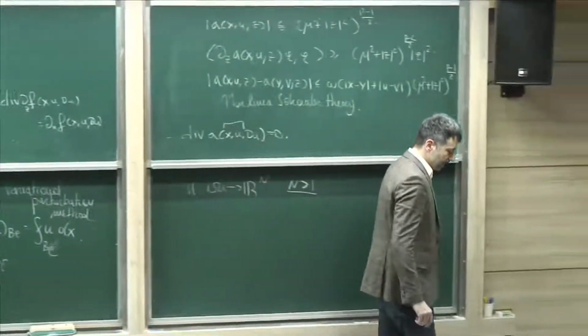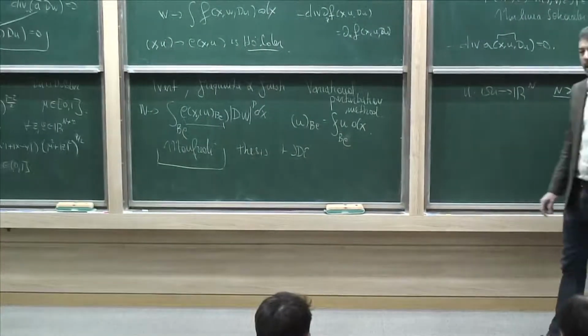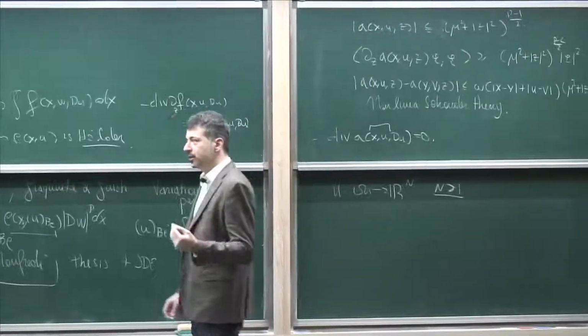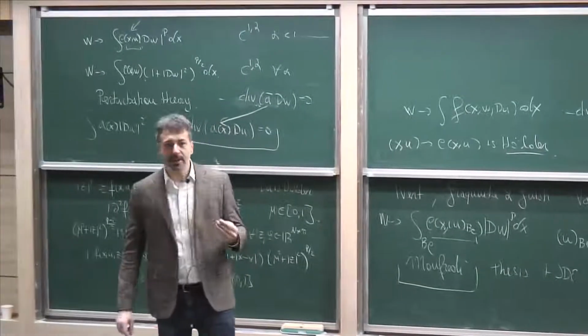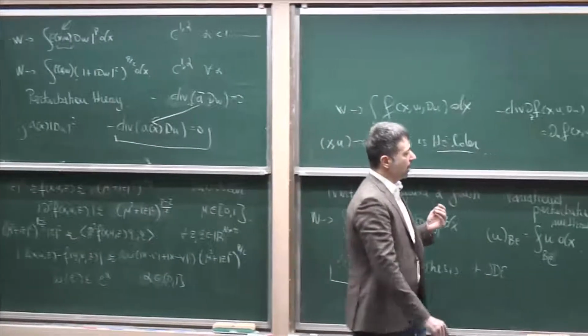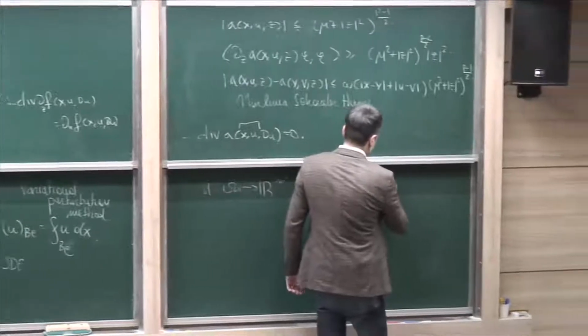So in this case, I can tell you that the largest class of functions for which direct methods apply, and therefore for which regularity is a real instance of study, is the so-called quasi-convex functionals.